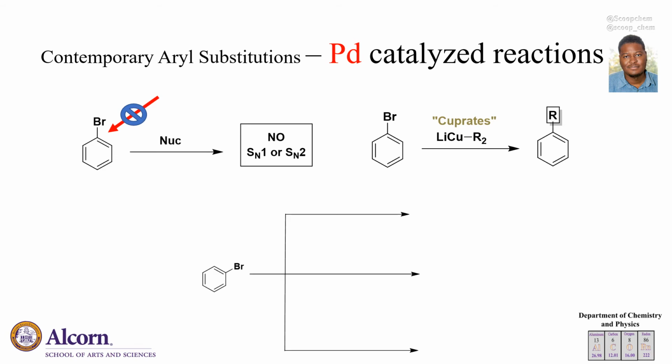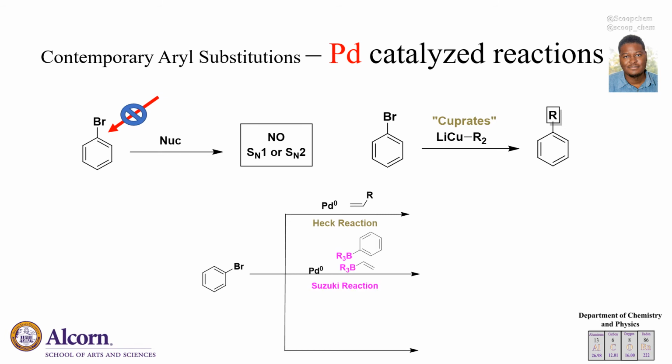And conveniently, even more accessible are the palladium catalyzed reactions. Again, these are using a small amount of palladium that gets regenerated in the reaction. So this is a very nice strategy as well to react aryl halides. If I take palladium 0 with vinyl or aryl substrates, this is known as the Heck reaction.